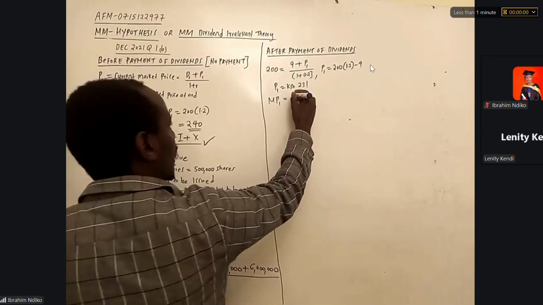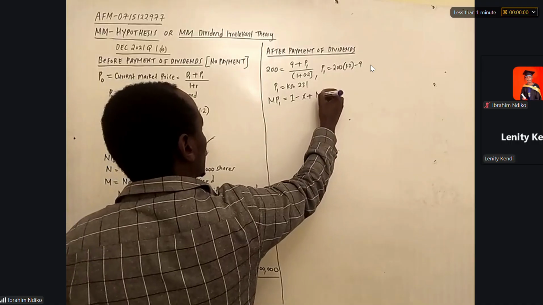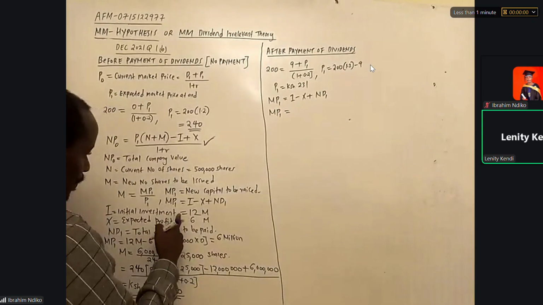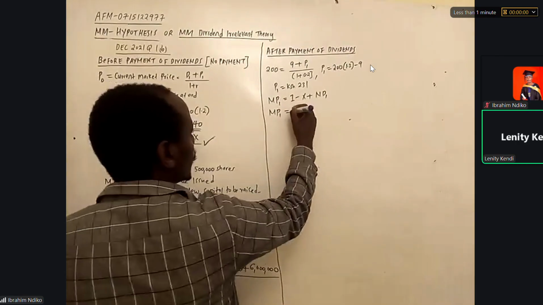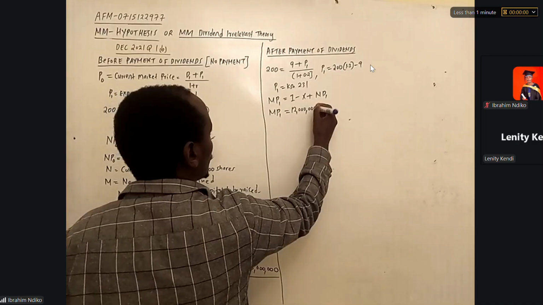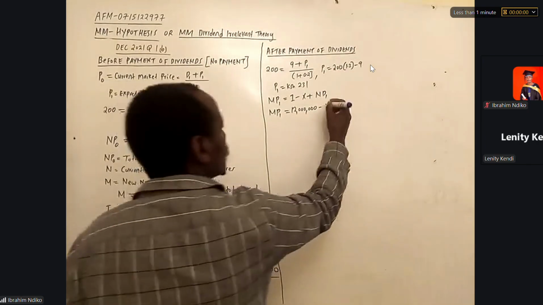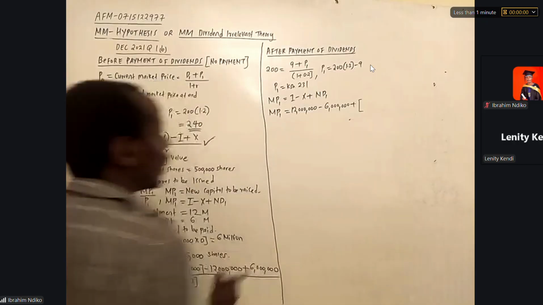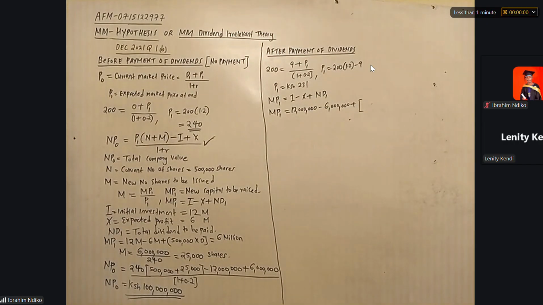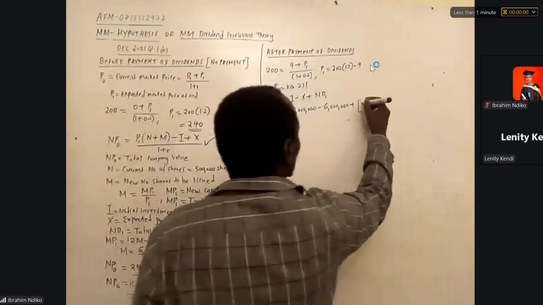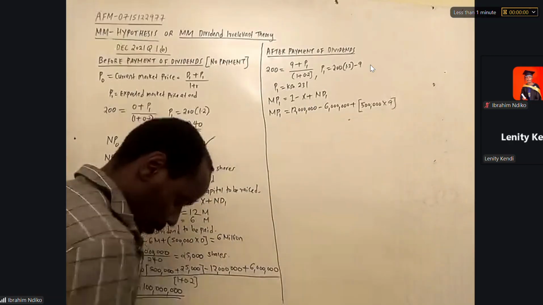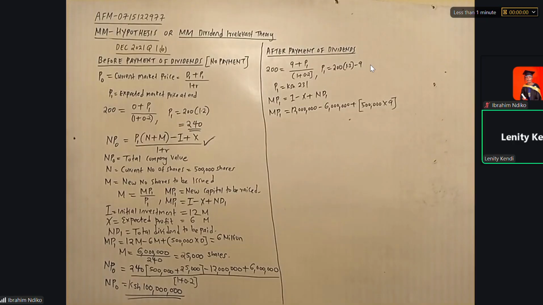MP1 is equal to I minus X plus ND1, right? So what's our investment? 12 million, right? Minus our profit, 6 million, right? Our number of shares, what will it end up being? They have 500,000. 1,000. How much tax are we paying? How much dividend? Sorry. 9 shillings.